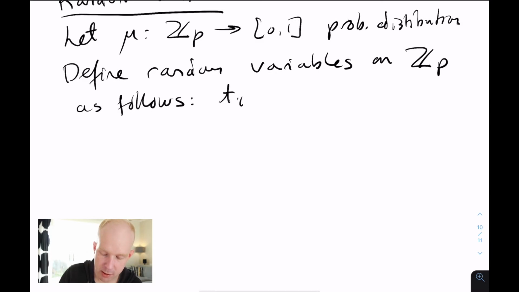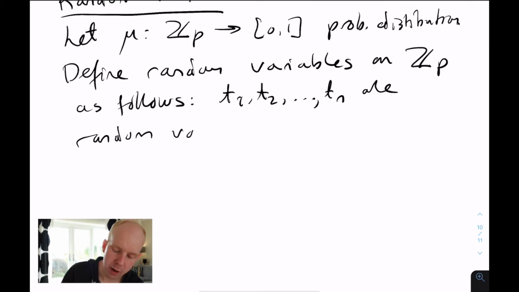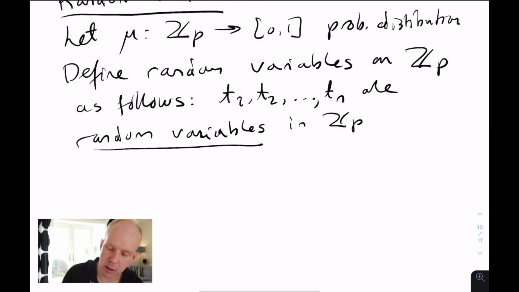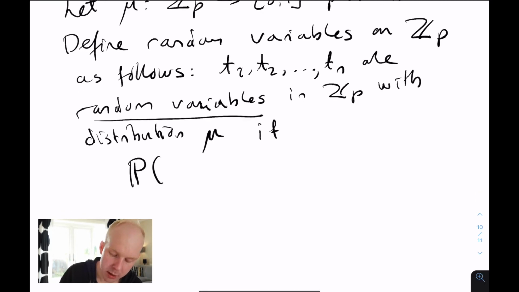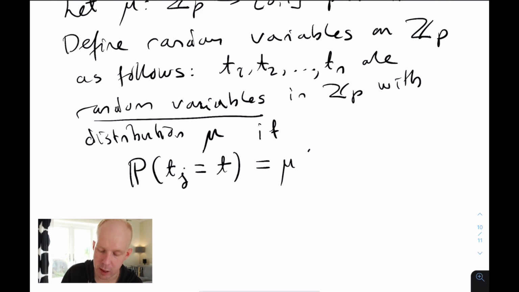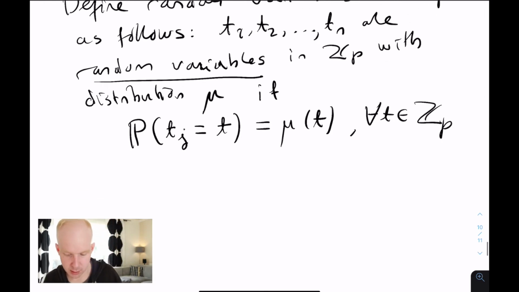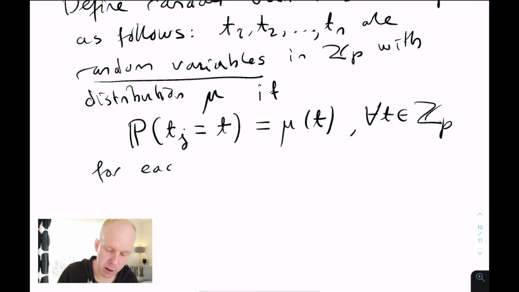So we say that T1 and T2, up to, let's say, Tn, are random variables in Z_p with distribution mu if the probability that one of these, say Tj, has the value t is equal to mu(t), this point probability, and this is for every t in Z_p, for each j from 1 up to n.